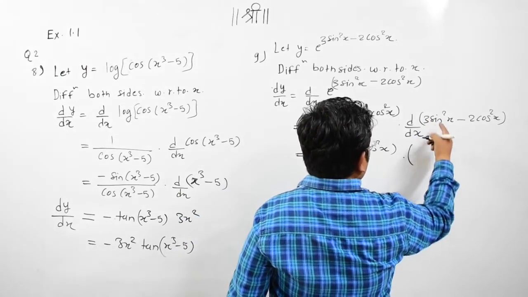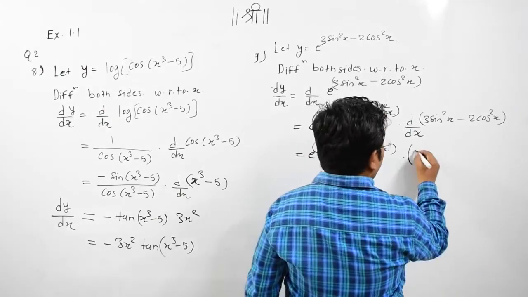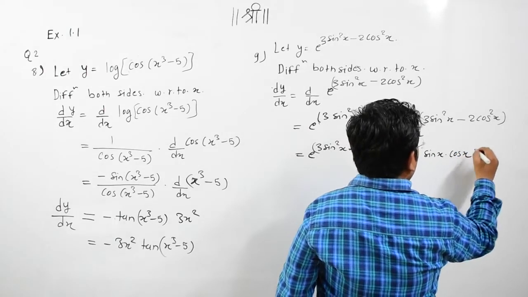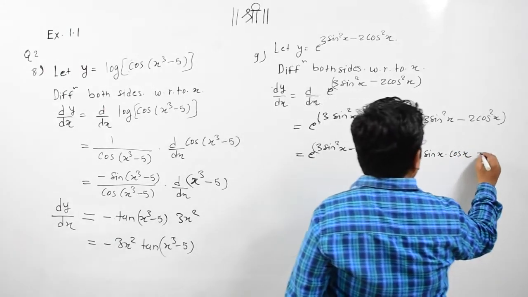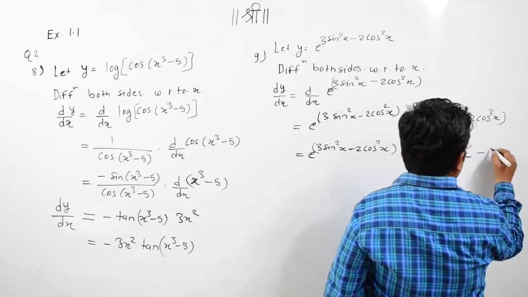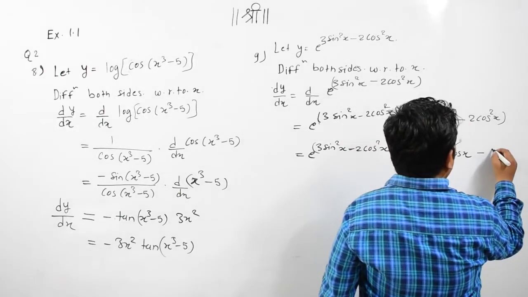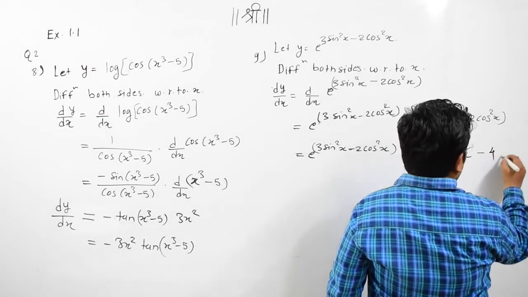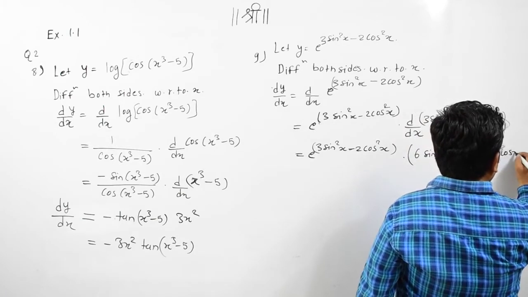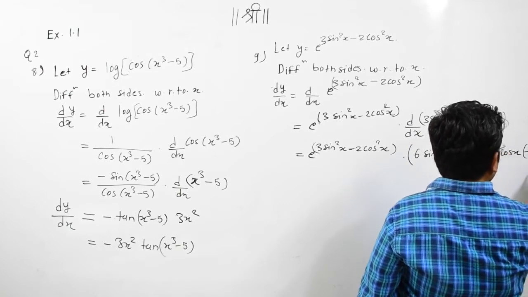The derivative of sin²x is 2 sin x cos x, so this will be 6 sin x cos x. The derivative of cos²x is 2 cos x into minus sin x, so here will be 4 cos x into sin x.